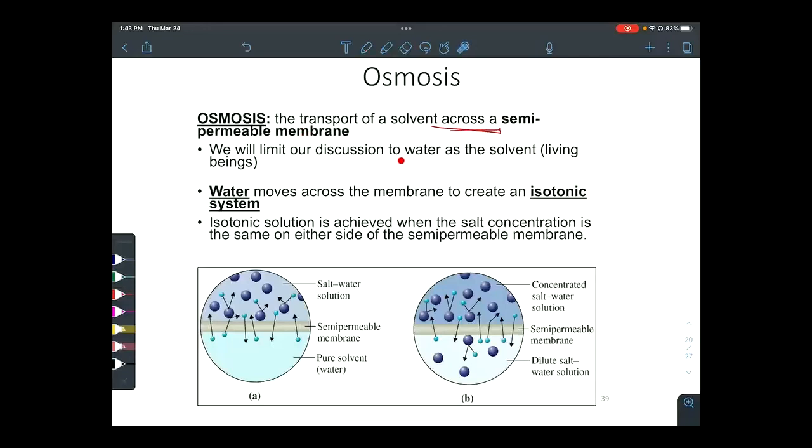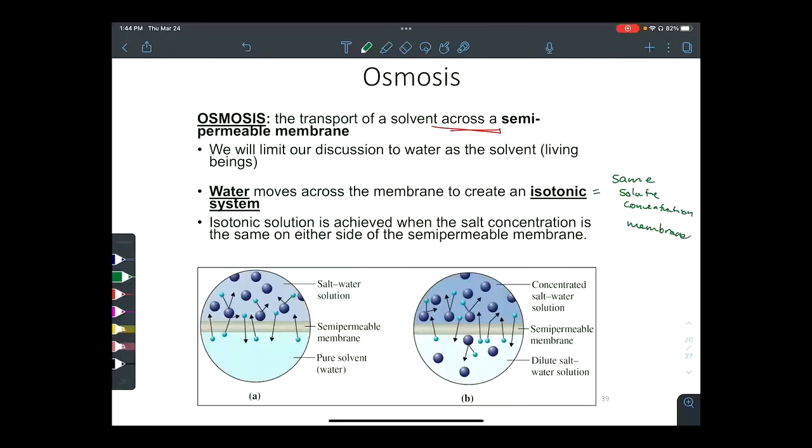Usually we are talking about water in this case. And this whole idea, water moves across the membrane to create an isotonic system. That's a synonym for what I just said: same solute concentration on either side of the membrane.